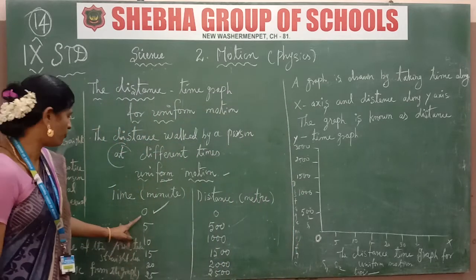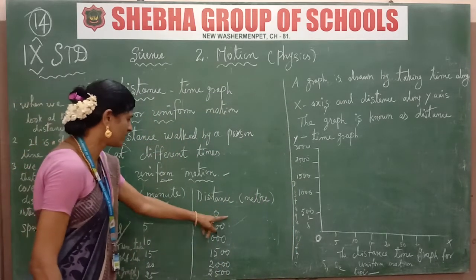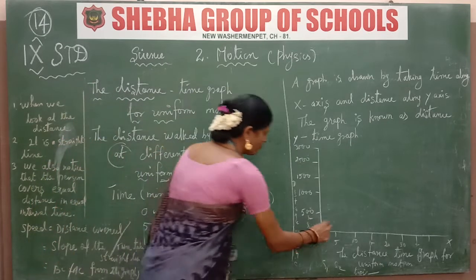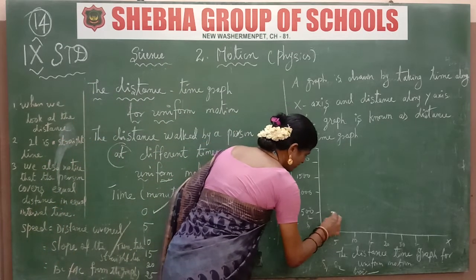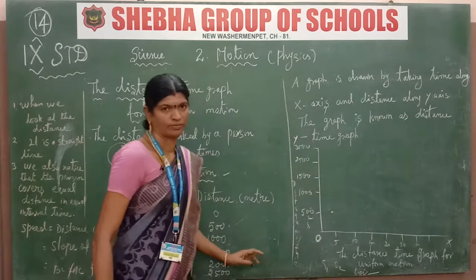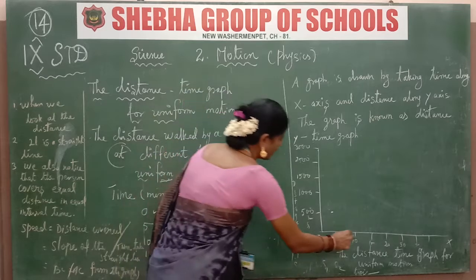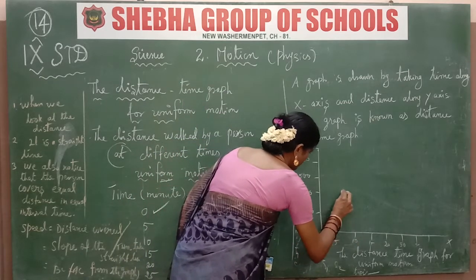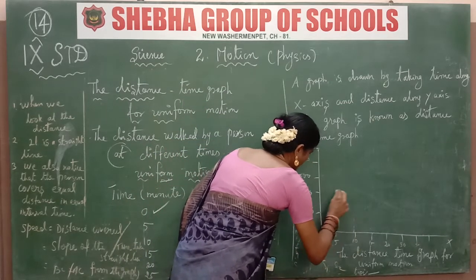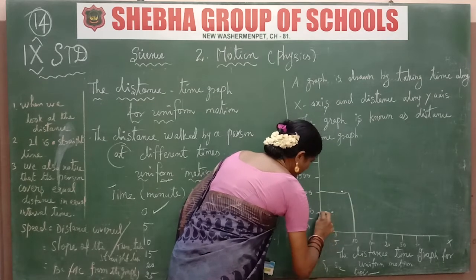Listen carefully: 5 minutes and distance traveled 500, the meeting point is here, 5 to 500. It's clear. Next, 10 minutes and 1000, this point is here.